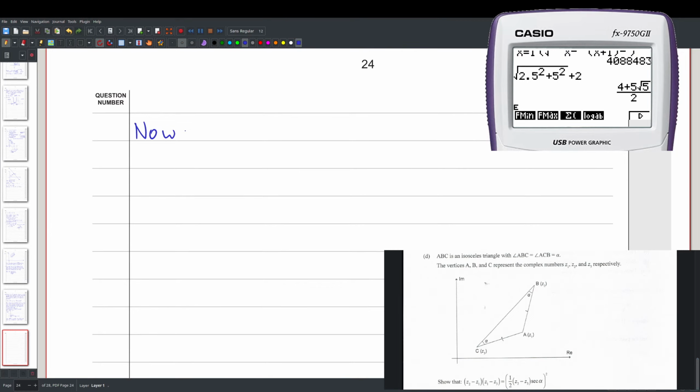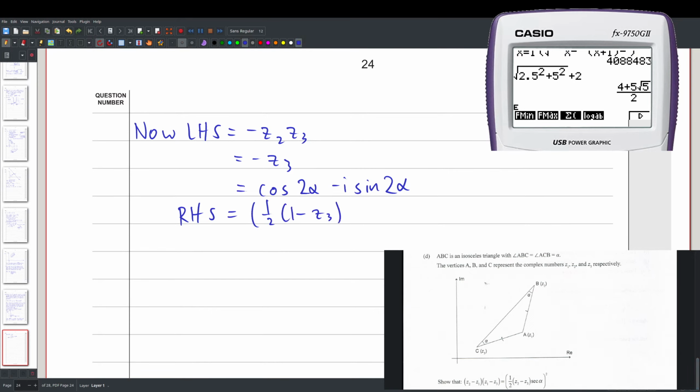Now LHS equals negative Z2 Z3, which equals negative Z3, which is negative cos 2 alpha minus I sine 2 alpha. RHS equals a half 1 minus Z3 sec alpha squared.